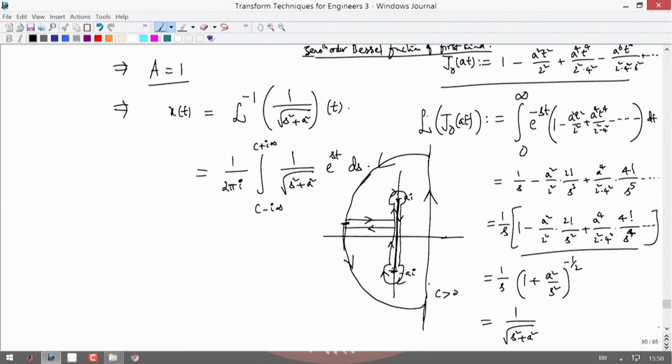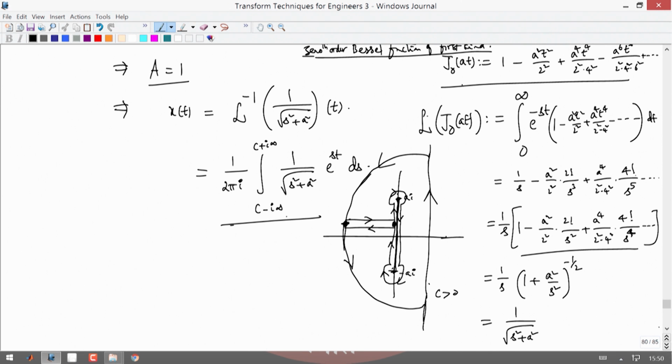So somewhere here I am removing, okay. These two you remove and make it a single round, so you have a simple closed curve. If you calculate this, the contributions of these branch points will give the value of this integral, which is going to be equivalent to J0 of at.